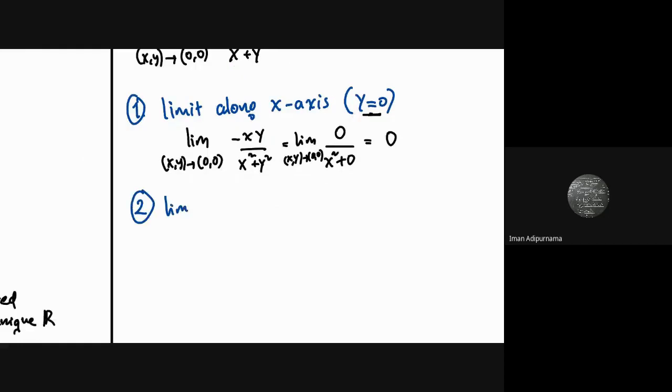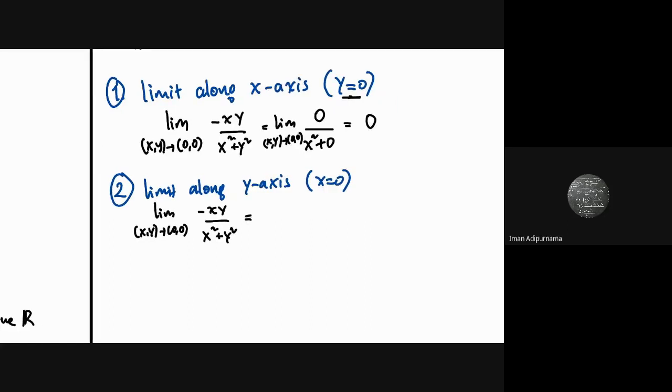And the second, the limit along the y-axis. So this will be at x equals 0. Here is the same as before, but we are limiting only when x is 0.